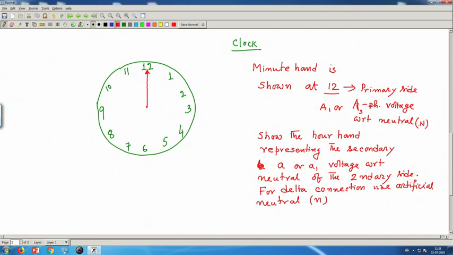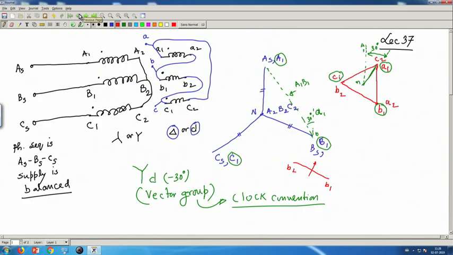For example, the previous connection: the minute hand is at 12 vertical, A1 capital N, and the secondary phase voltage, this A1 is once again A, which is going to the load. So, this is A or A1 with respect to neutral.